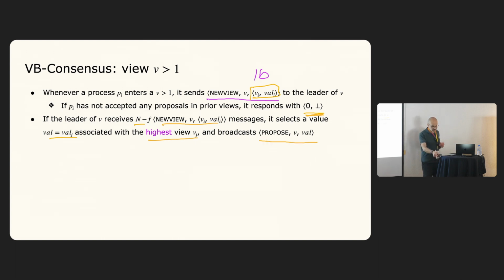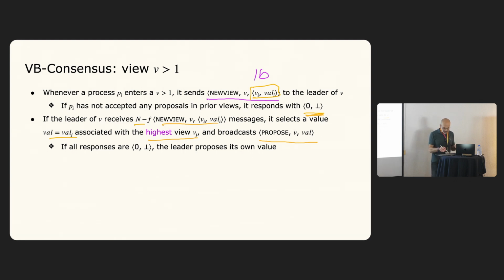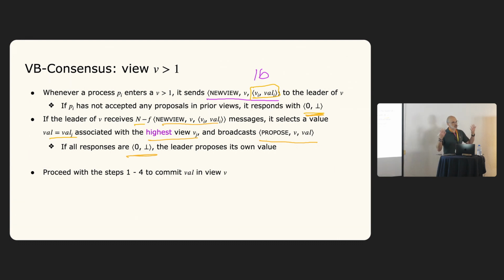If everyone responds with the initial value, then the leader just selects its own value. Then I broadcast propose, and from that point I continue the algorithm that we discussed before. So steps 1 to 4 commit the value.